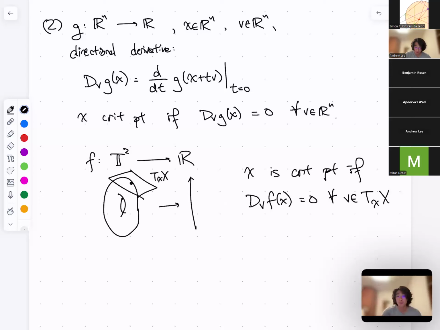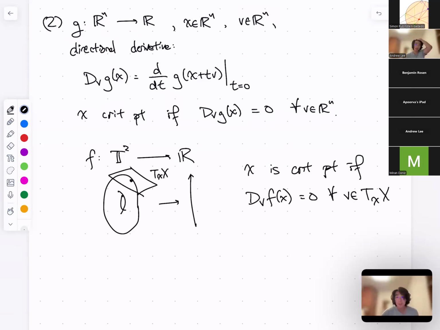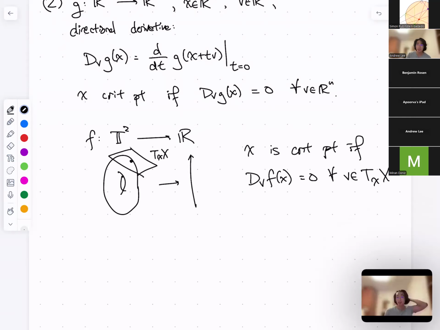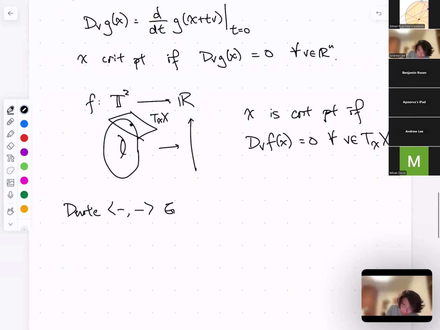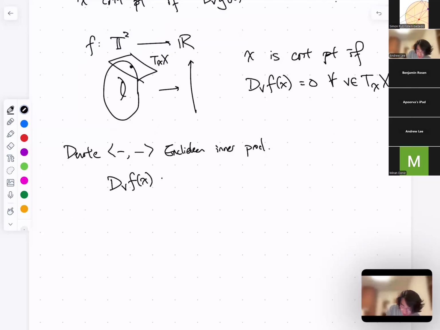So these two ways of thinking about the critical point turn out to be equivalent because of the standard formula relating the directional derivative to the gradient. If you denote this the Euclidean inner product, or the dot product, then the directional derivative with respect to the direction v is equal to the dot product of the gradient of f at that point and v.